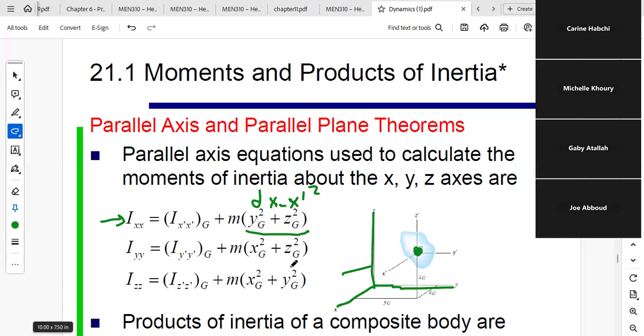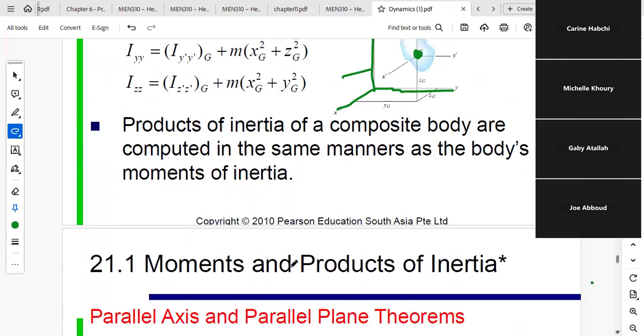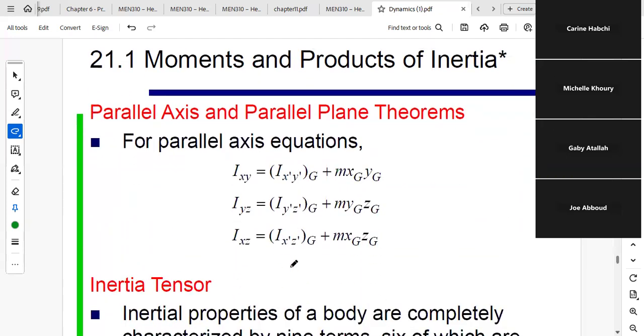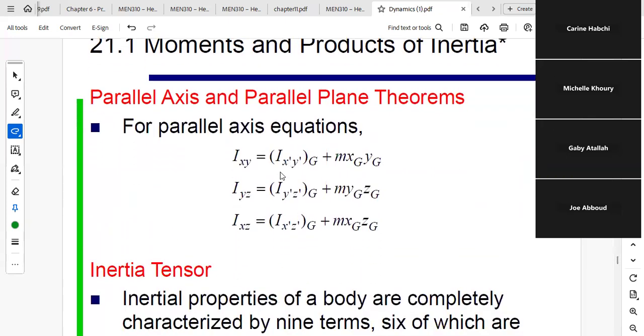And for Izz, it's Iz prime z prime about G plus m times xg square plus yg square. Now for products of inertia, you can also relate them. If you have Ix prime y prime about G from the formula sheet, you can deduce Ixy by doing Ixy equal to Ix prime y prime plus m times xg yg. Same for Iyz and Ixz.